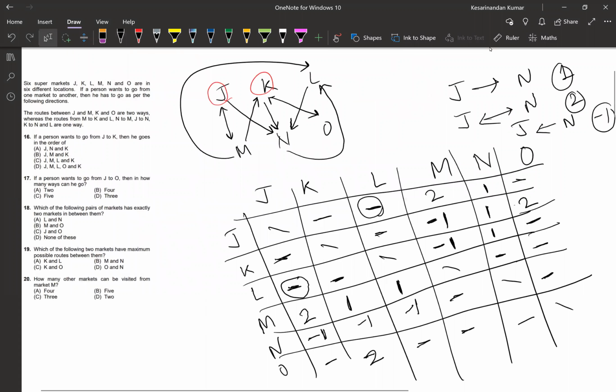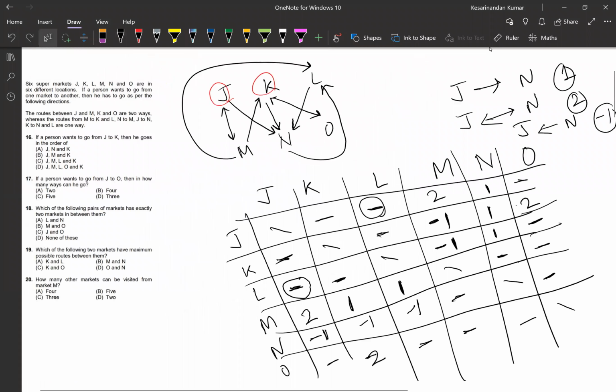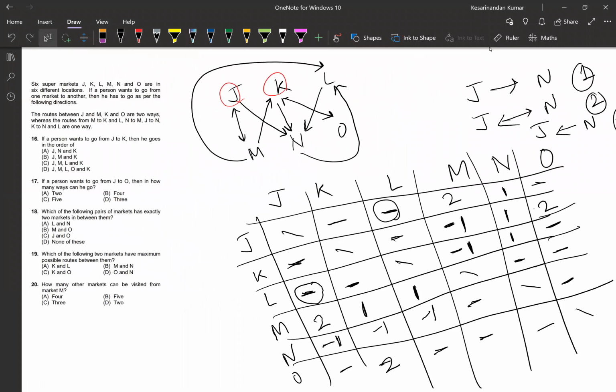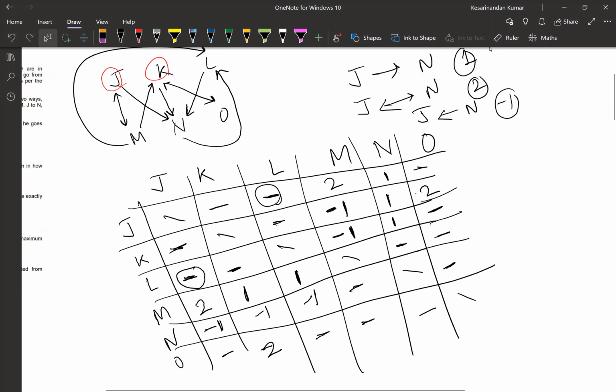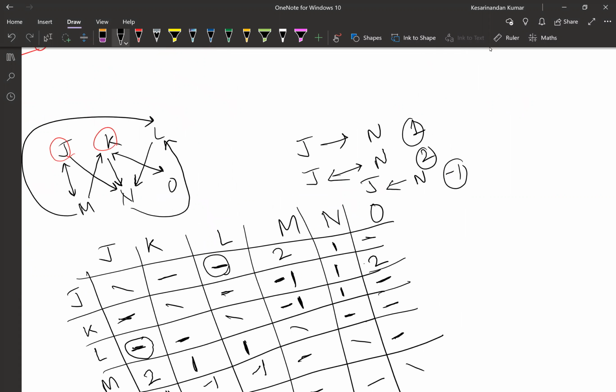So if a person wants to go from J to K, how can you reach K? Suppose this is X, from X we are going to Y. Now this Y is K. To reach K, how do we go there?